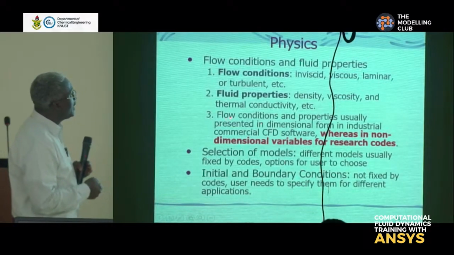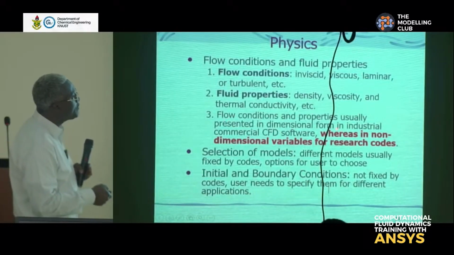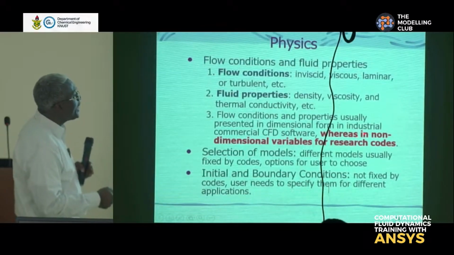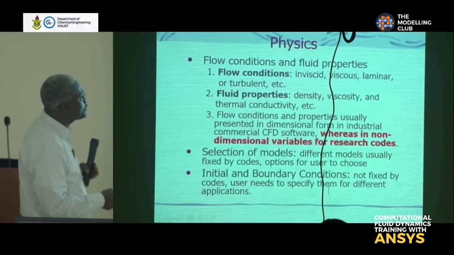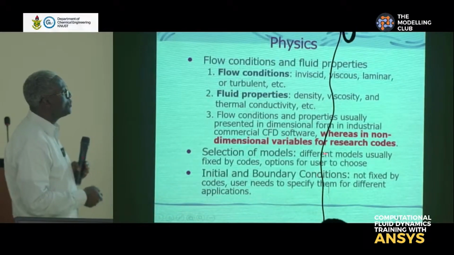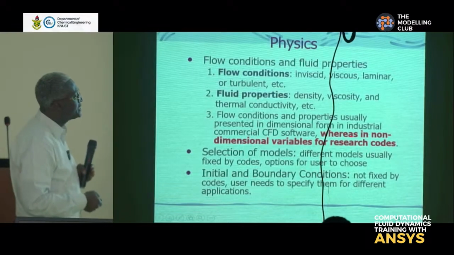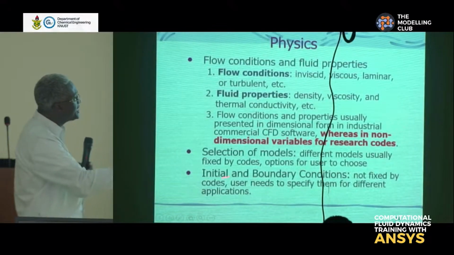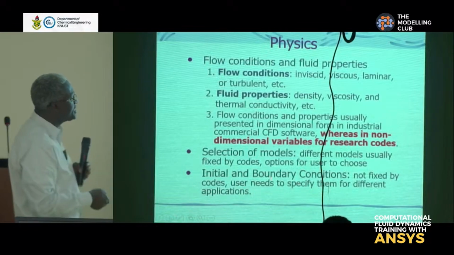Okay. Flow conditions and properties usually presented in dimensional form in industrial commercial CFD software, whereas in non-dimensional variables for research codes. Okay, what is the difference? I'll talk about non-dimensionalization versus dimensional.